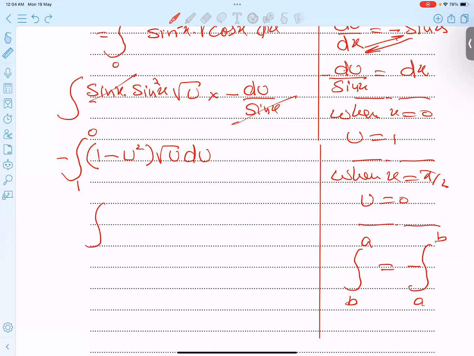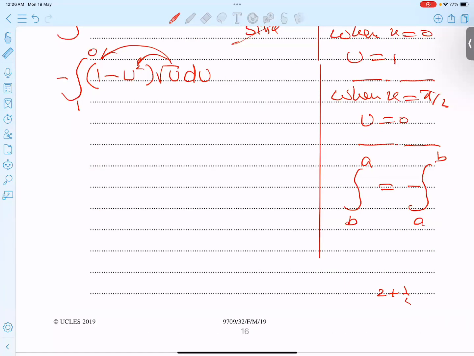So if I change this, 0 down, 1 up, this minus will be eliminated automatically. 0 here, 1 here, and at the same time multiply because the sign changes, and now I get u to the power half and u to the power 2 plus half, which gives you 5 by 2. Increase the power by 1: 3 by 2 divided by 3 by 2, so 7 by 2 divided by 7 by 2.